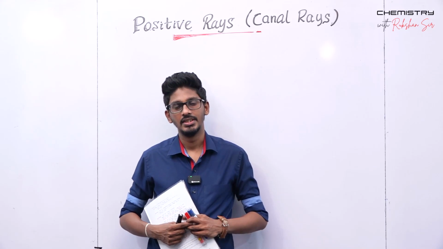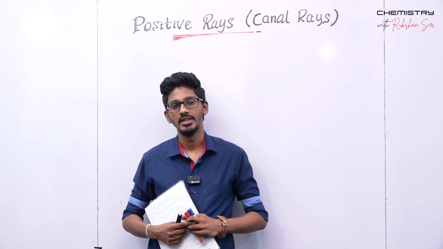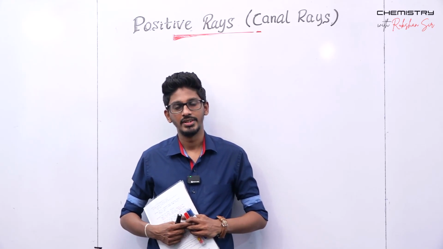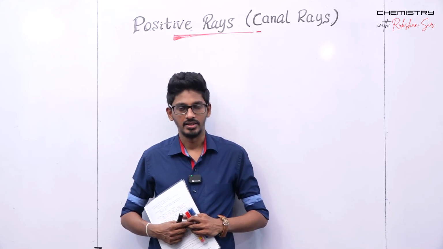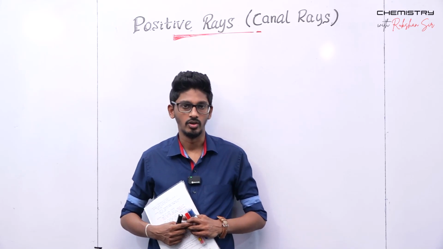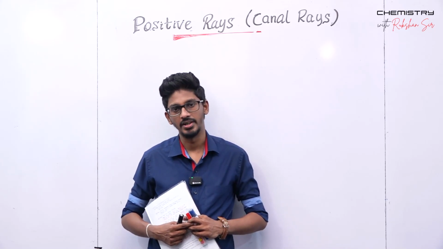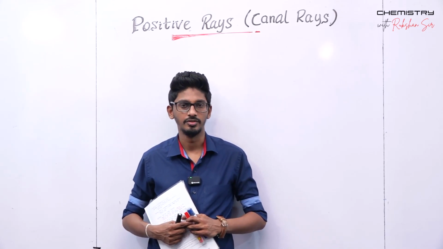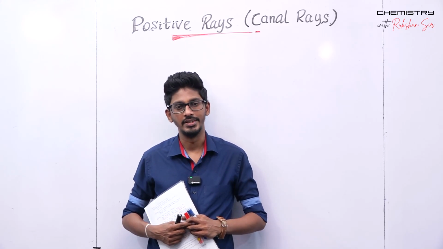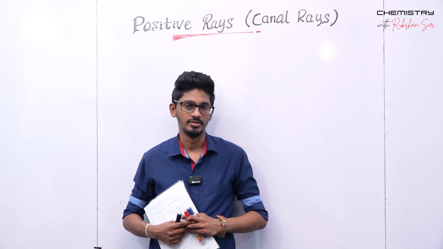When they found the fundamental negative particle, the electron, the scientists thought there should be an oppositely charged particle in atoms, because we all know that atoms are neutral. There should be oppositely charged particles to neutralize the charge of electrons. So they were searching for that oppositely charged fundamental particle.